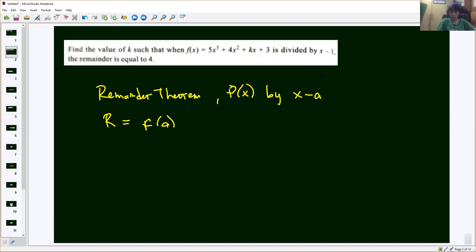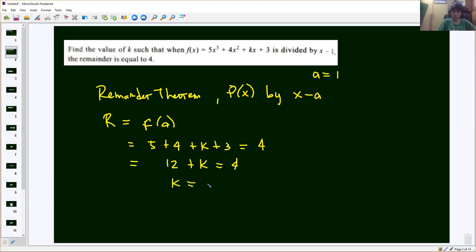So that's x minus 1, therefore a is 1. So the remainder is f of 1, which is 5 times 1 cubed, plus 4 times 1 squared, plus k plus 3. This is 12 plus k, equal to 4. So k is 4 minus 12, or negative 8.